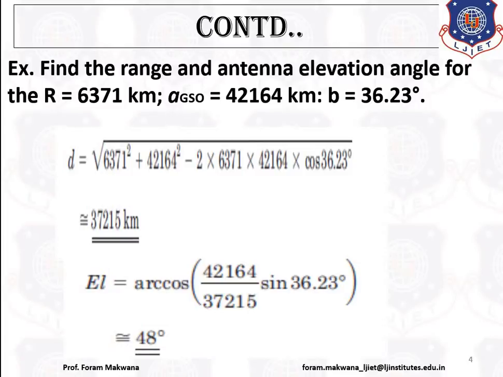In calculation of azimuth angle we have to focus on four figures, that is the location of earth station, whether it is north side or south side, or whether it is east side or west side. Based on those four conditions we are able to calculate the value of azimuth angle, right?